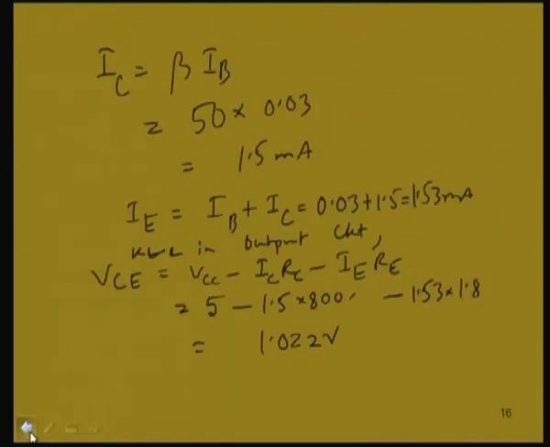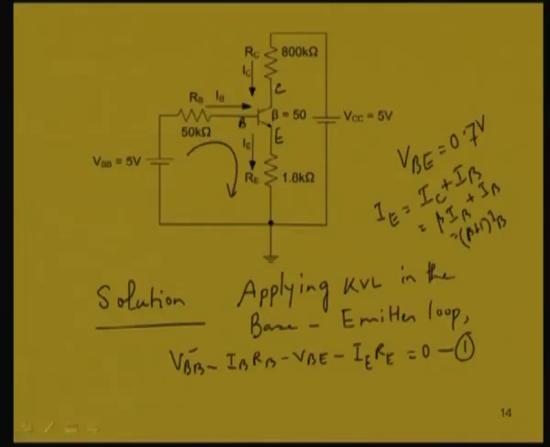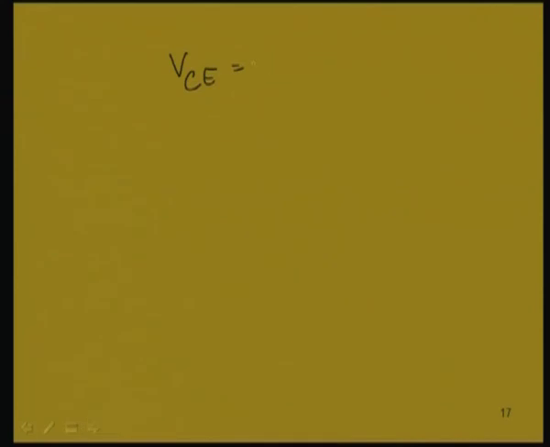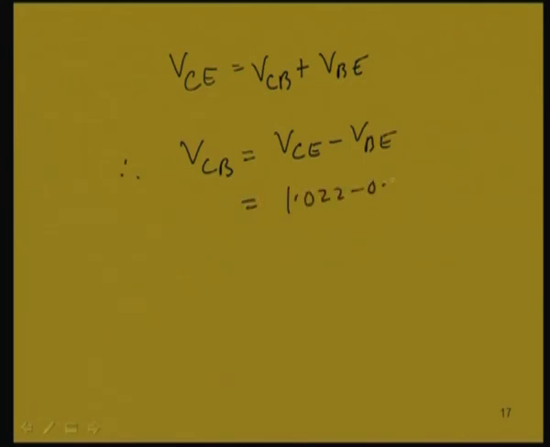That can be found out simply using that equation: from this point to this point, the voltage drop is VCE, that is equal to collector to base drop plus base to emitter drop. So, it is VCB plus VBE, that means VCB is equal to VCE minus VBE. VBE we know 0.7 volt, VCE we have found out 1.022, minus 0.7, that gives 0.322 volt.